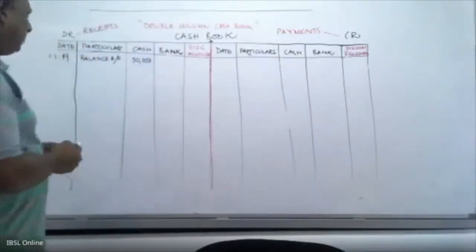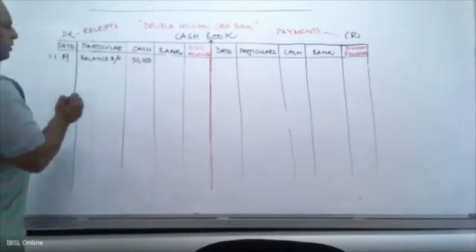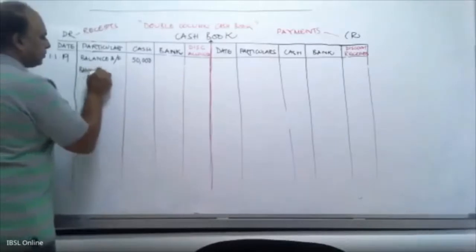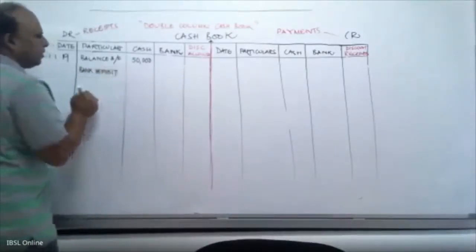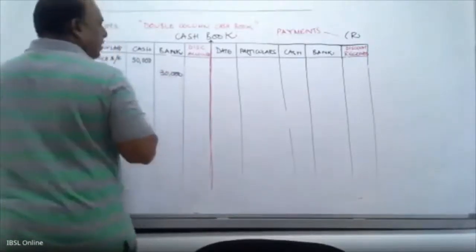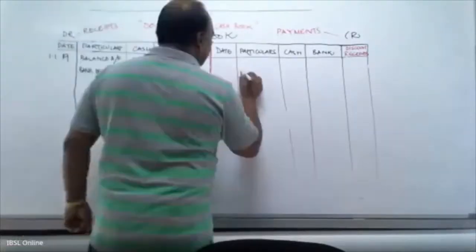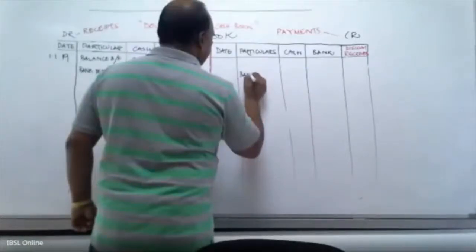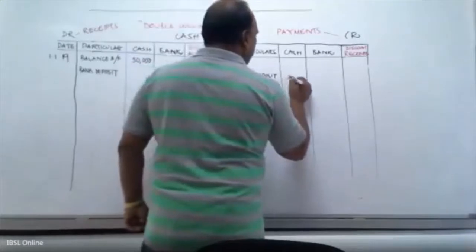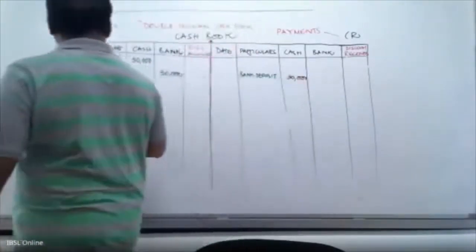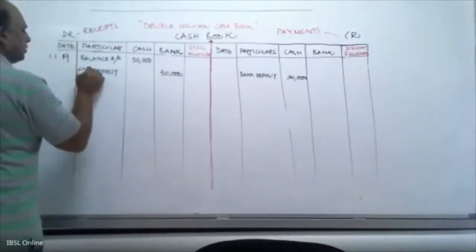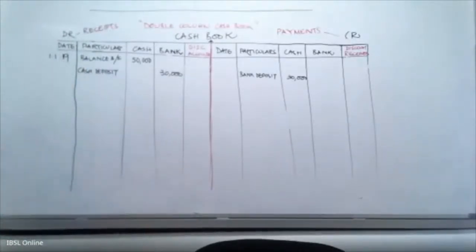So let's say here it is going to be bank deposit. And you will get 30,000 here. Okay. And call this as cash deposit.